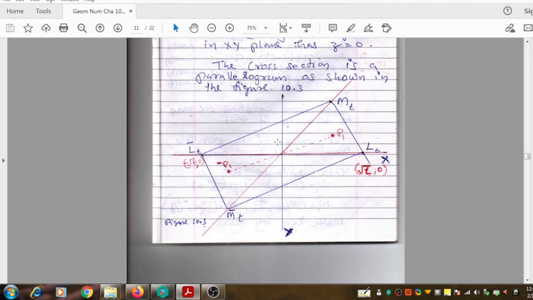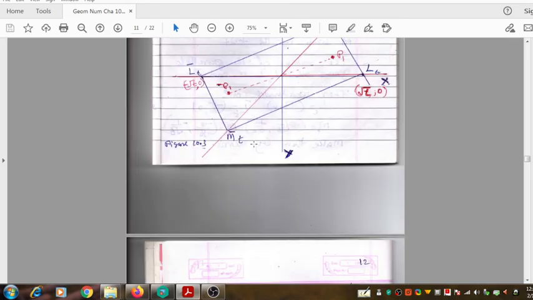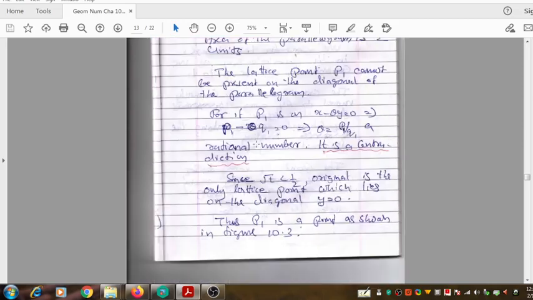A lattice point like P1 cannot exist in or on the parallelogram. This parallelogram is the cross section of the prism with the xy plane. Okay, let's continue.